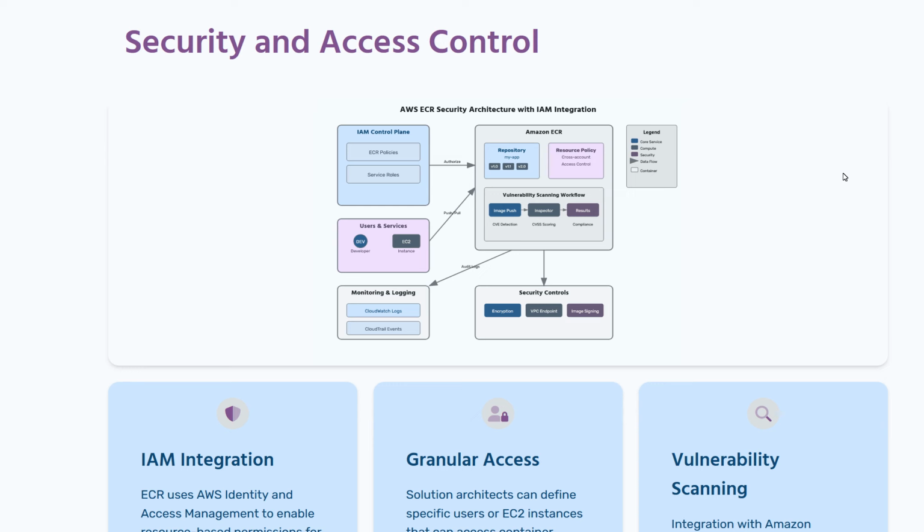So, Amazon ECR, Elastic Container Registry. You have a repository, my app, and then different versions: version one, version two, version zero. Then a resource policy for cross-account access control, so that is resource-based policies here.